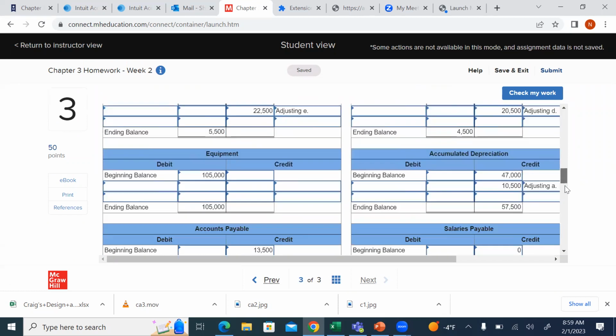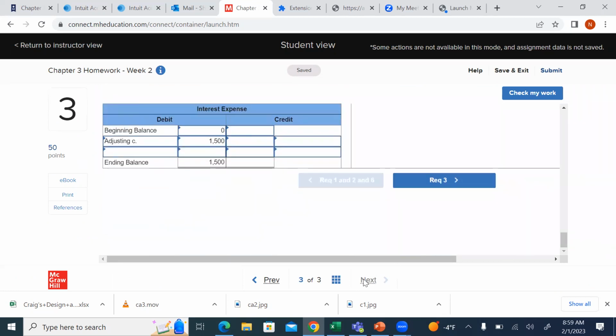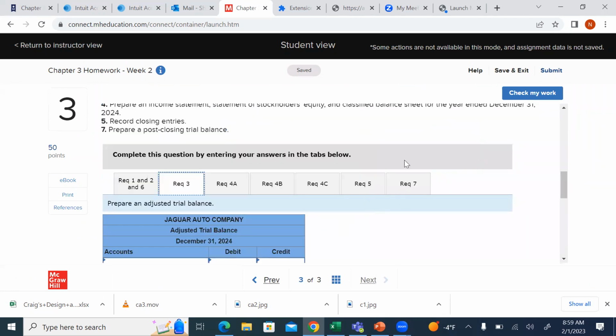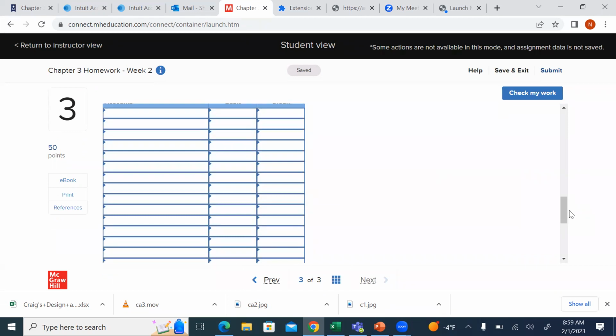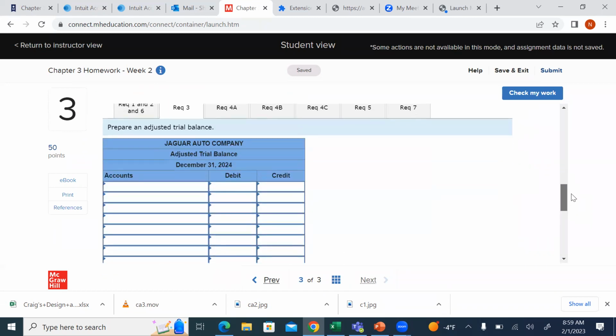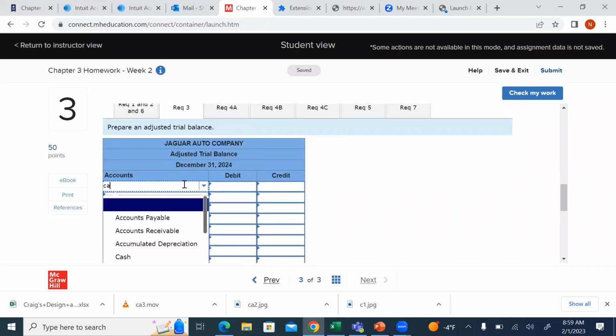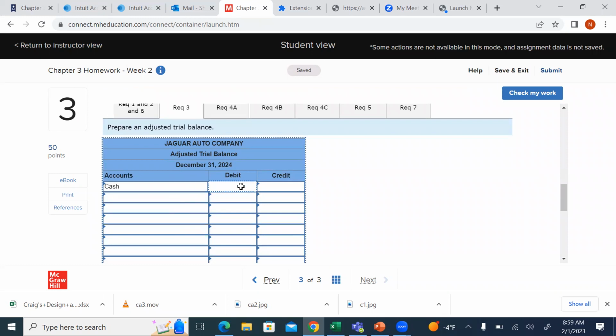So I'm going to go down here, cash, $103, accounts receivable 17.5.